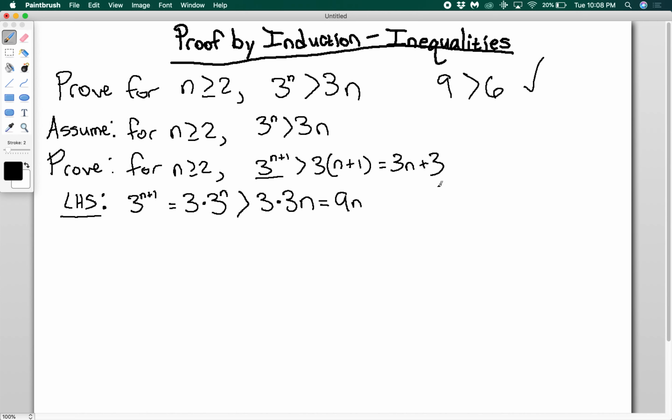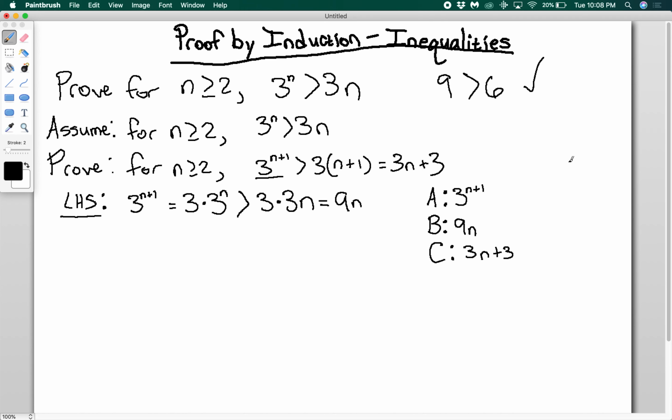So I essentially have 3 quantities now, okay? I have quantity A. Quantity A, we're going to say, is 3 to the n plus 1. I'm just going to try to make this very clear. Quantity B is 9n, and quantity C is 3n plus 3, okay?